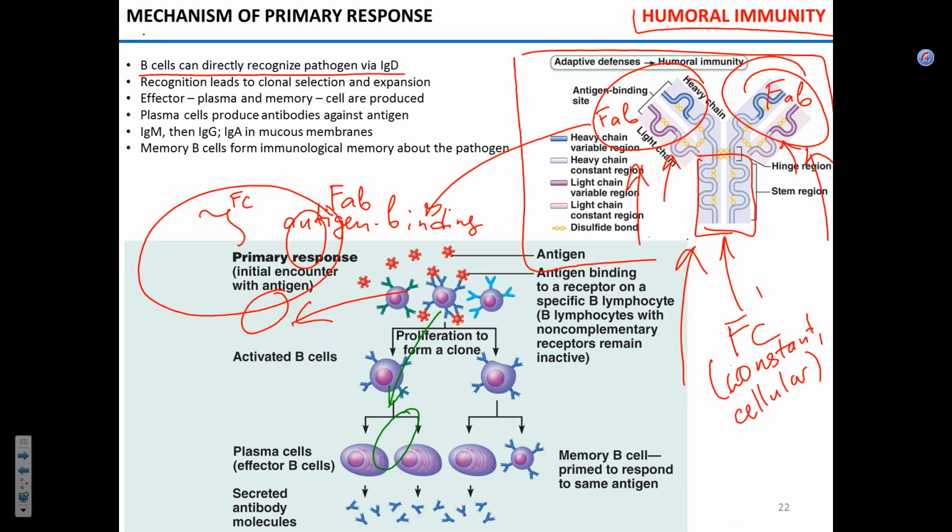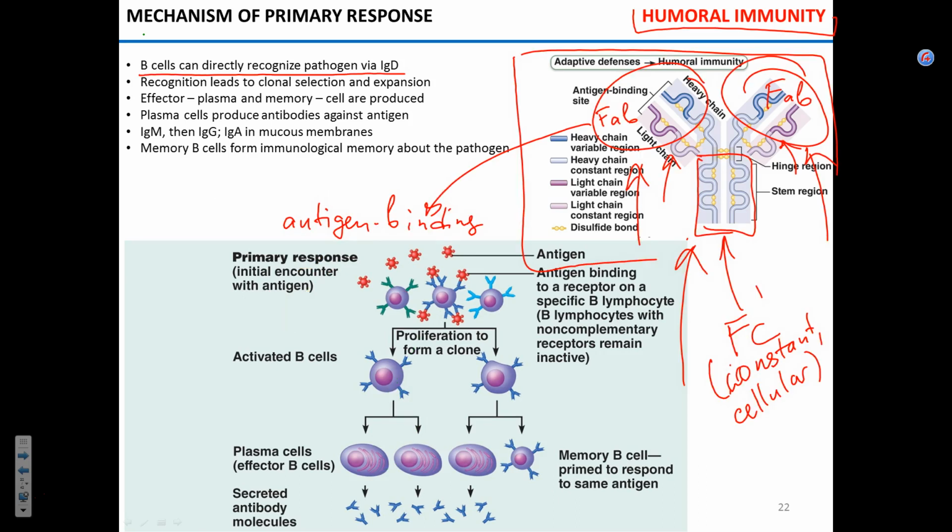Now, antibodies, very different. And it turns out that all your B cells, after they mature, all have different sets of cellular receptors called IgD, which is equivalent to B cell receptor.